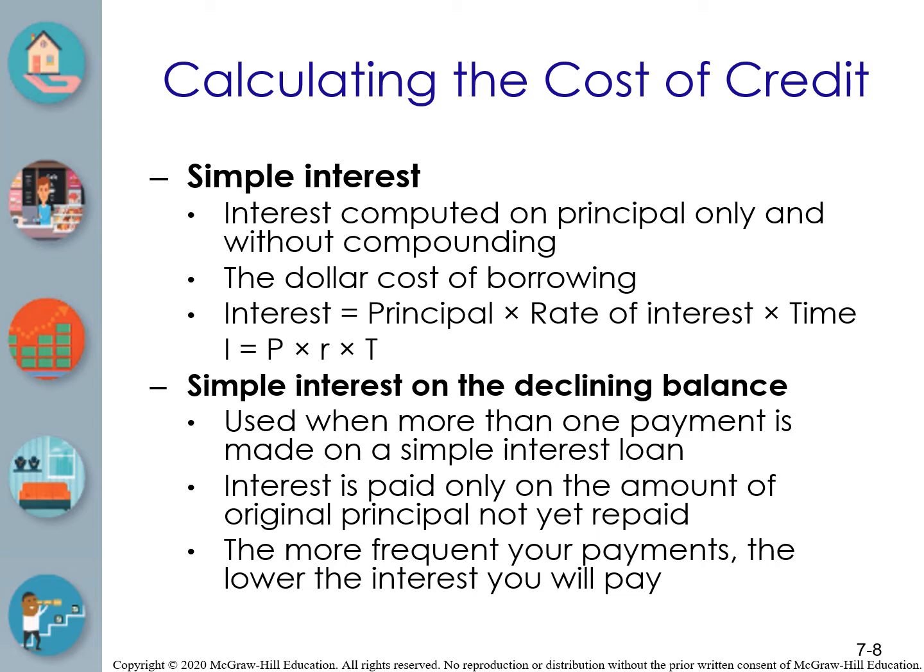So I equals P, principal, times R, the rate of interest, times T, the time. Very, very straightforward. Simple interest on a declining balance is used when more than one payment is made on a simple interest loan. Interest is paid only on the amount of the original principal not yet repaid. The more frequent your payments, the lower the interest you will pay overall, as we go forward.